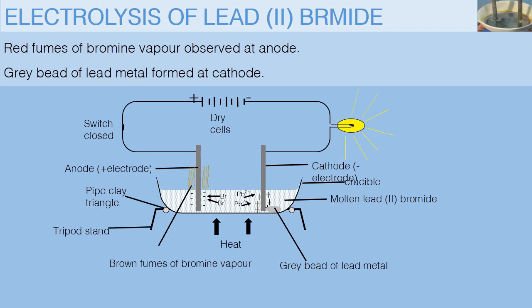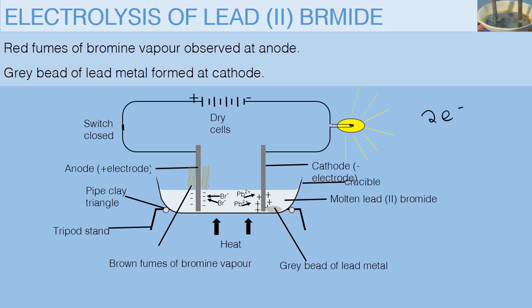From our previous class, we learned that the positively charged lead II ions are attracted towards the cathode, and once they get to the cathode, they pick up 2 electrons and form lead metal.